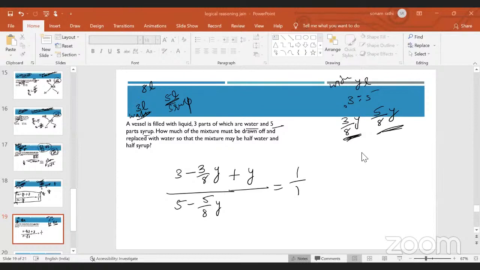So 3 minus 3 by 8y plus y is equal to 5 minus 5 by 8y. Take all the y terms to one side. So y minus 3 by 8y. Just do the solving part. Only y is there, right? Just solve for y.